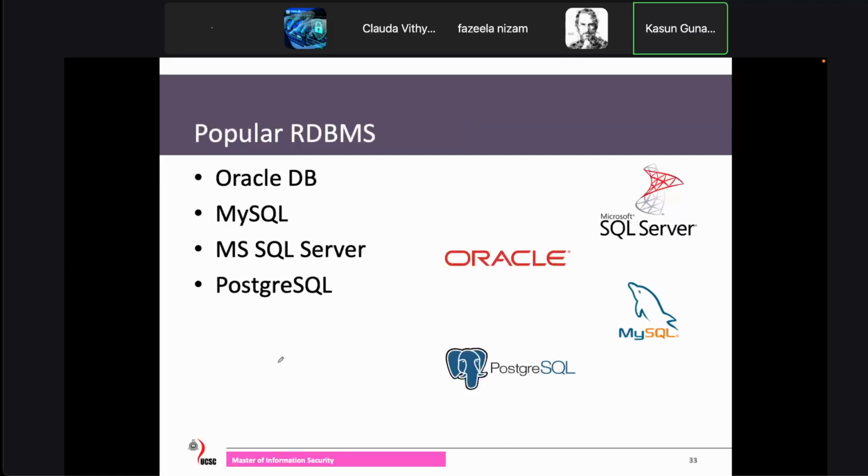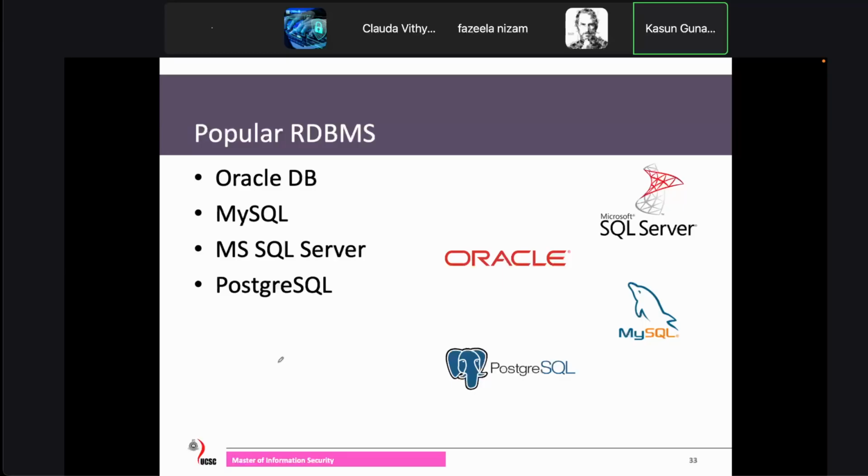And some of the popular relational database management systems: Oracle database, and then MySQL, Microsoft SQL Server, and also PostgreSQL.